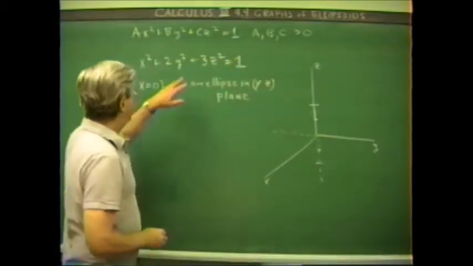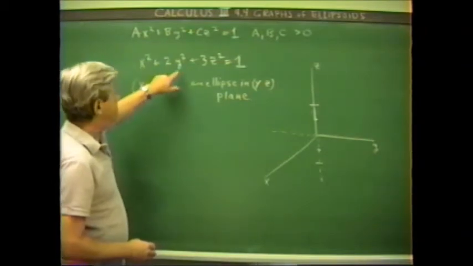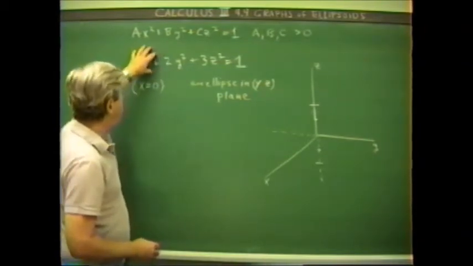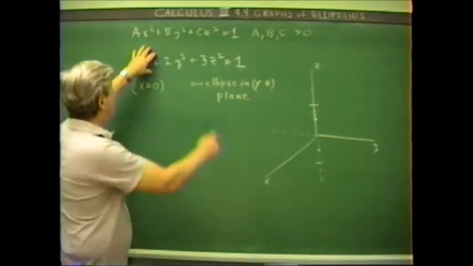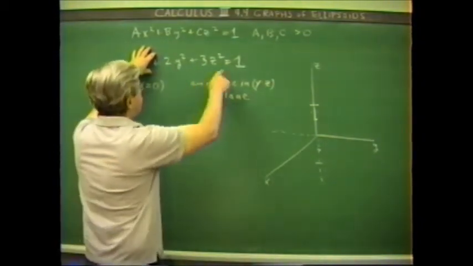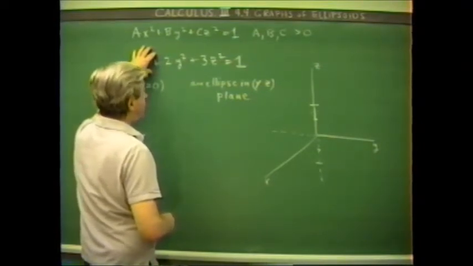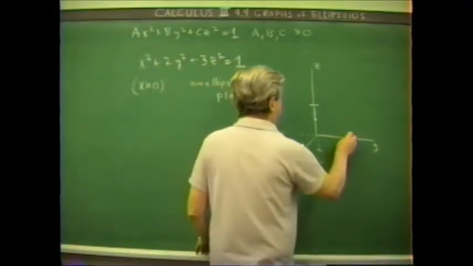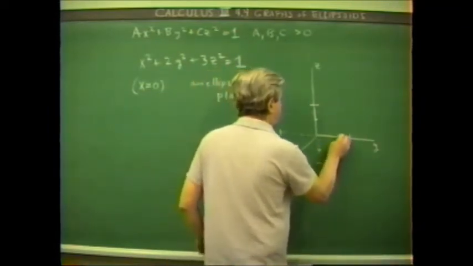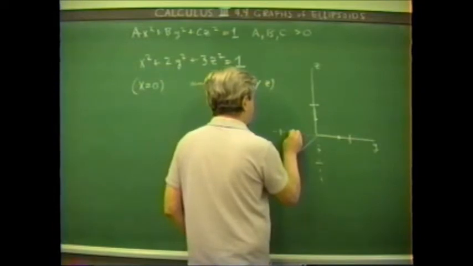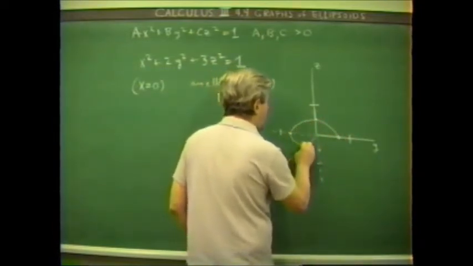And when z is equal to 0, we're always considering here x equals 0, then we have y is equal to plus or minus 1 over the square root of 2. So 1 over the square root of 2 is about 0.7, and it's perhaps over here and here. And so in the yz plane, what we have is an ellipse.